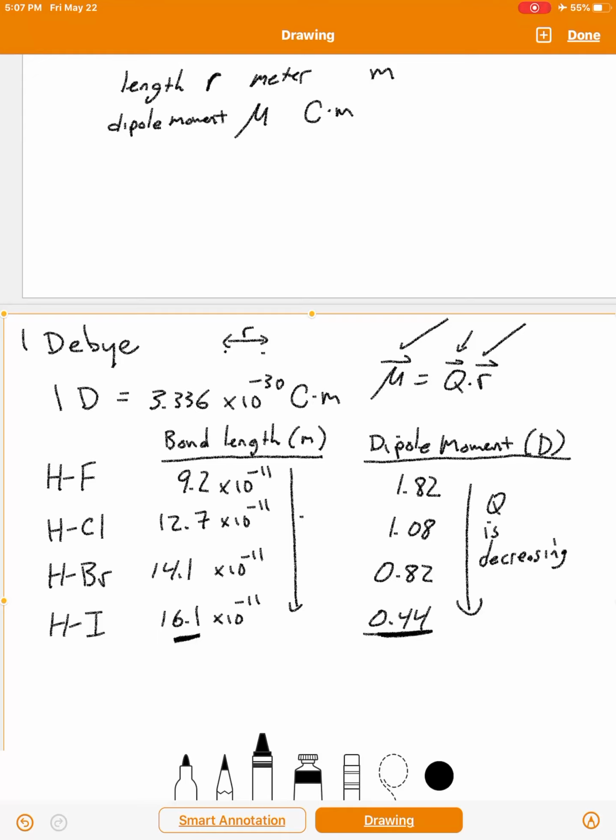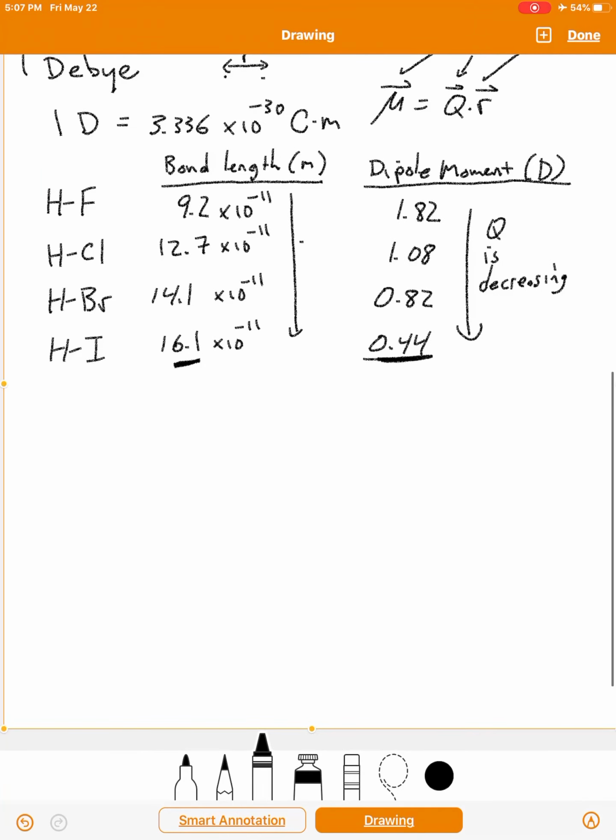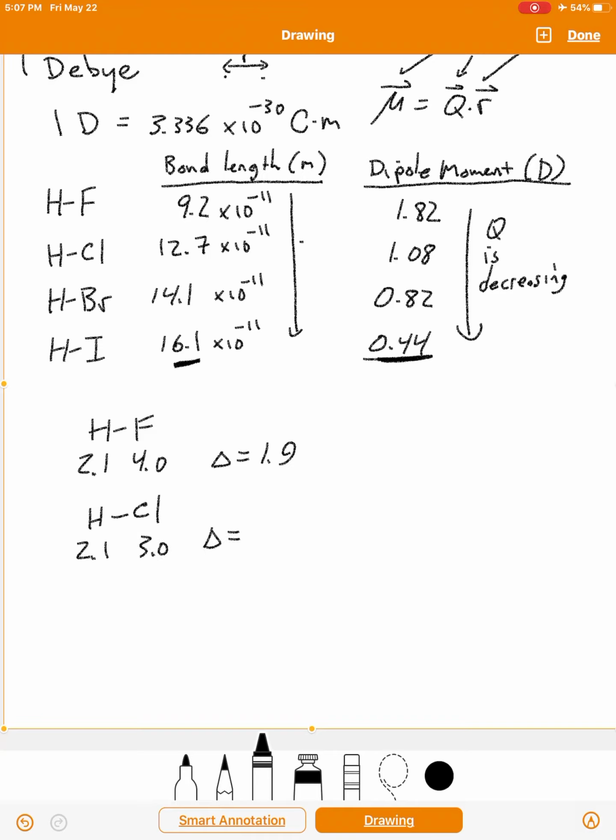So why is it decreasing? The difference in electronegativities is what's happening. If you look at HF, 2.1 and 4.0, that's a difference of 1.9. But if you look at HCl, 2.1 and 3.0, now the difference is only 0.9. And if you look at HBr, it's 2.1 and 2.8, the difference is only 0.7.